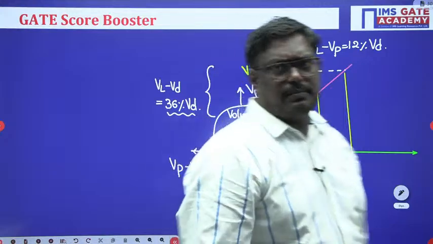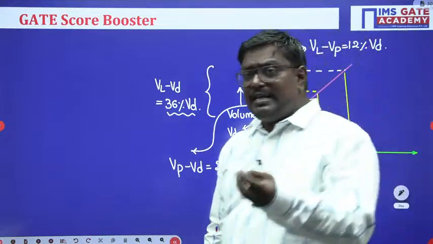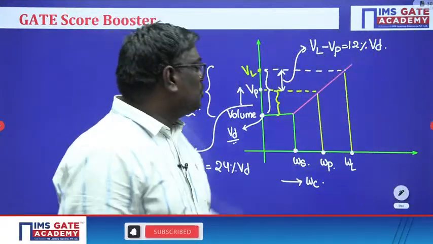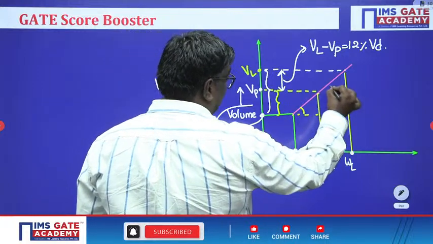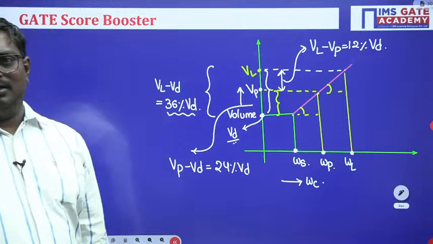If you see the diagram here, the slope at every point should be the same. I am telling the mathematical part, okay?